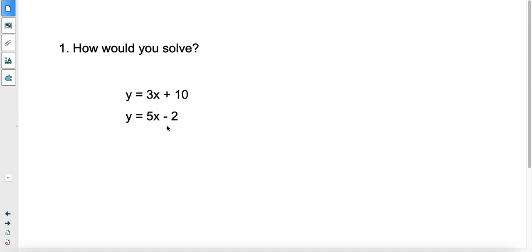Well, we can open this up on Desmos and try graphing this out to see what this would look like. So, say I graphed y is equal to 3x plus 10 and y is equal to 5x minus 2 on Desmos.